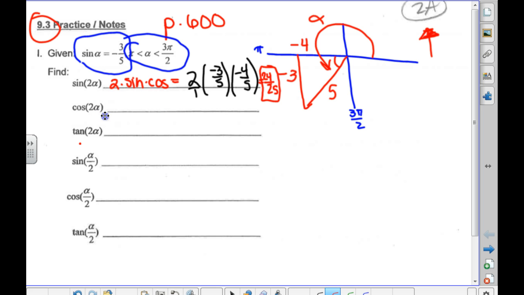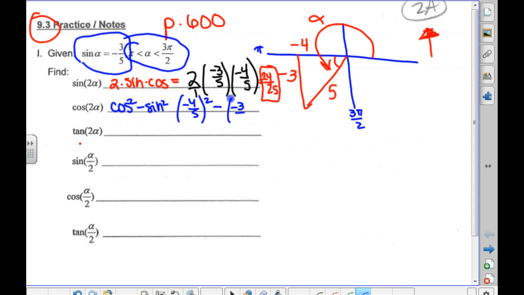All right, cosine 2 theta. Three different trades are possible. It doesn't matter which one you pick, they'll all give you the same answer. I usually just go with the first one because it gives me the common denominator right away. It's cosine squared minus sine squared. Cosine is -4/5, sine is -3/5.